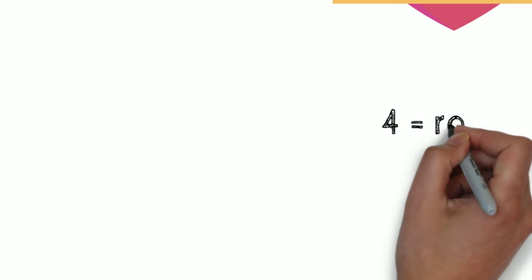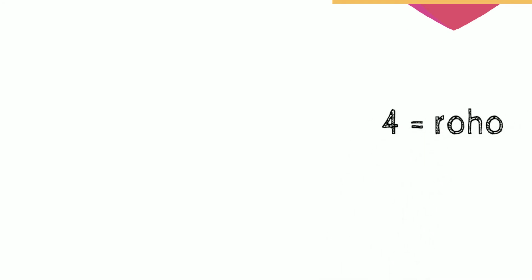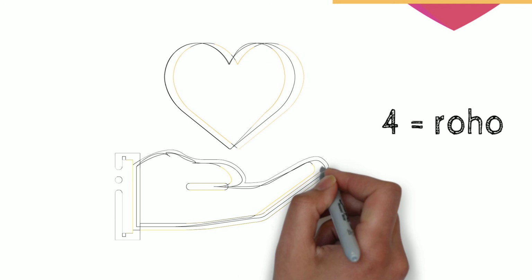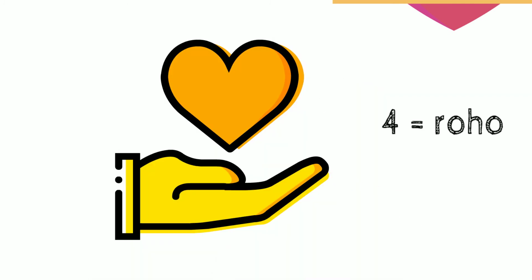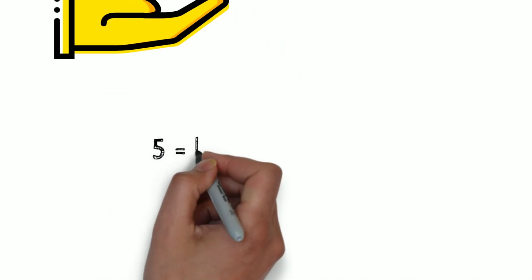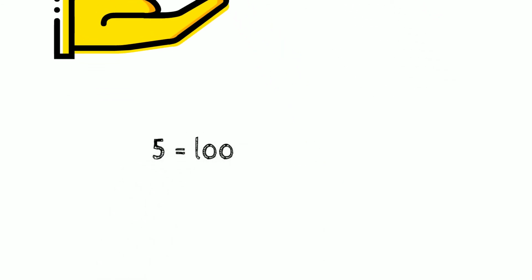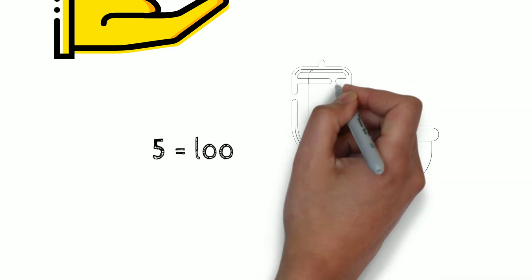For number 4, I use the word roho, which is a Swahili word for heart. I imagine myself holding a beating heart in my hands. For 5, I use the word loo, which is a slang word for toilet. And I picture a dirty toilet in my mind.